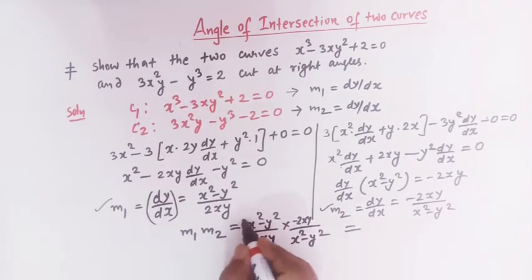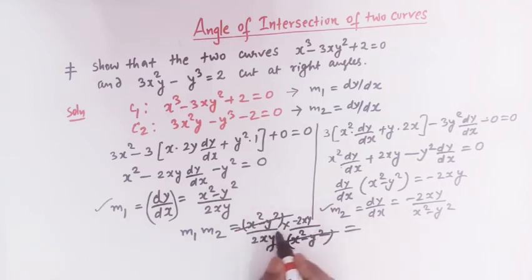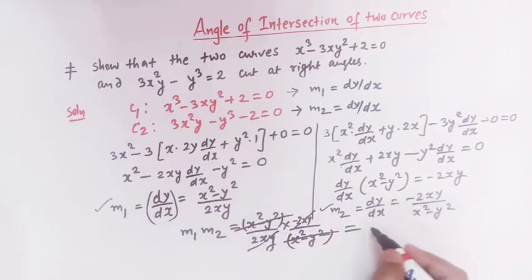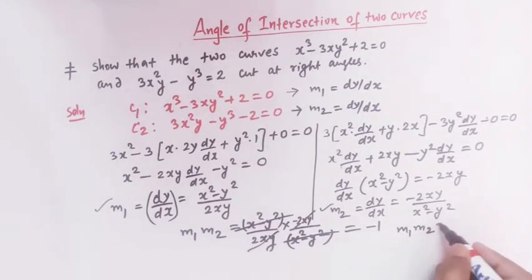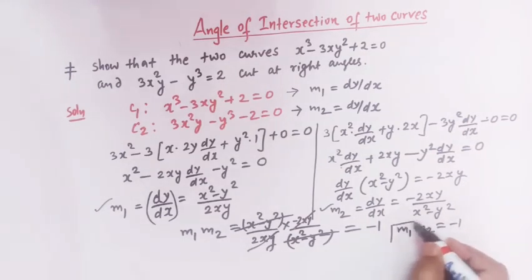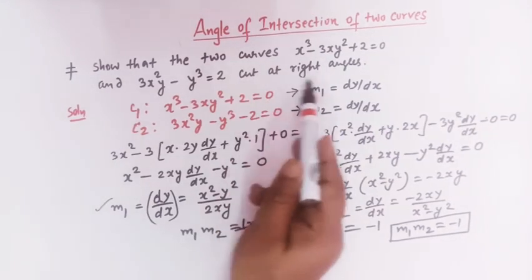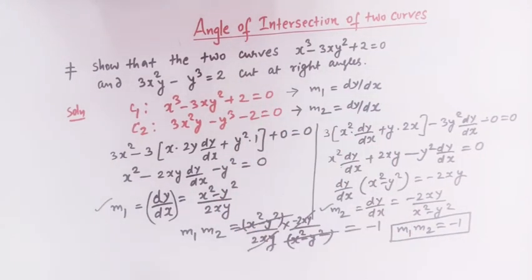Now these two terms get cancelled, 2xy and 2xy get cancelled, so we are left with minus 1. So the product of the two slopes is equal to minus 1. Thus we can say that these two curves cut at right angles, or the two curves C1 and C2 are orthogonal curves.